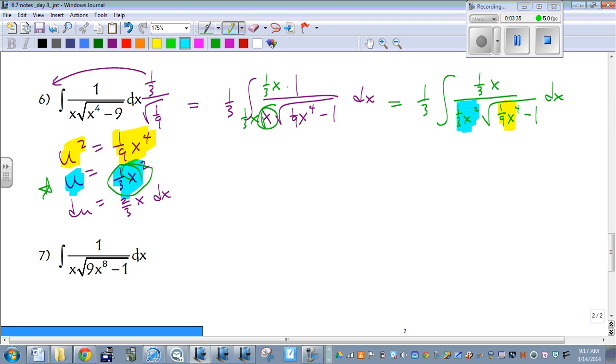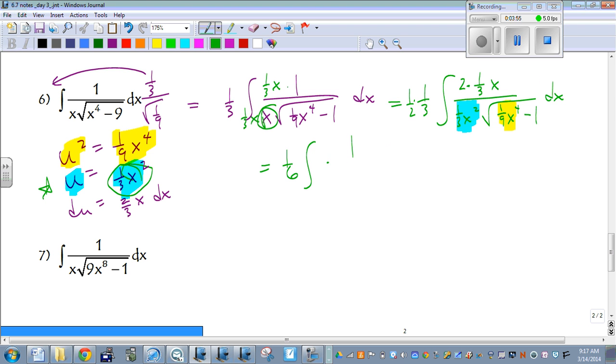So what can we multiply the inside by to make this 2/3 x? Just 2, right? So if we multiply that by 2, that's going to give us the 2/3 x dx that we need. Multiply the outside by 1/2. So we get 1/6, and then all of this becomes our du.